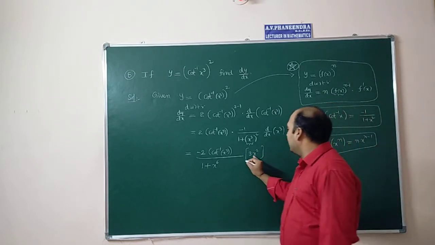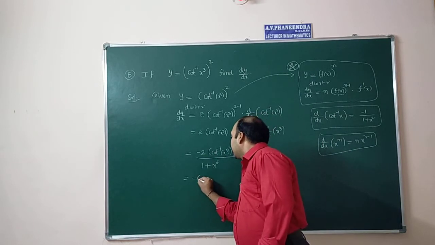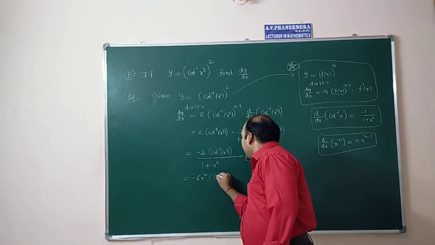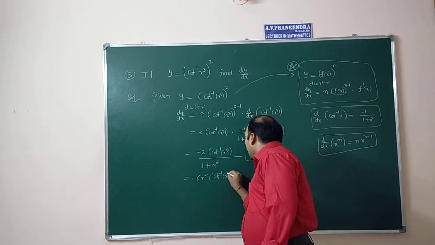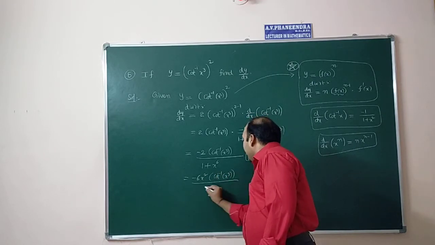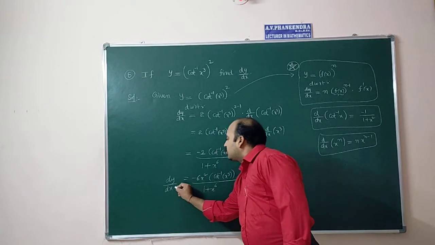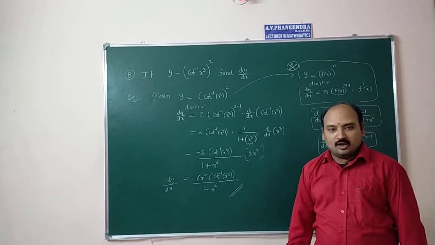So after that if you simplify, 3 into 2 is 6, minus 6 into x square into cot inverse of x cube, whole divided by 1 plus x power 6. This is the value of dy by dx to the corresponding given y value.